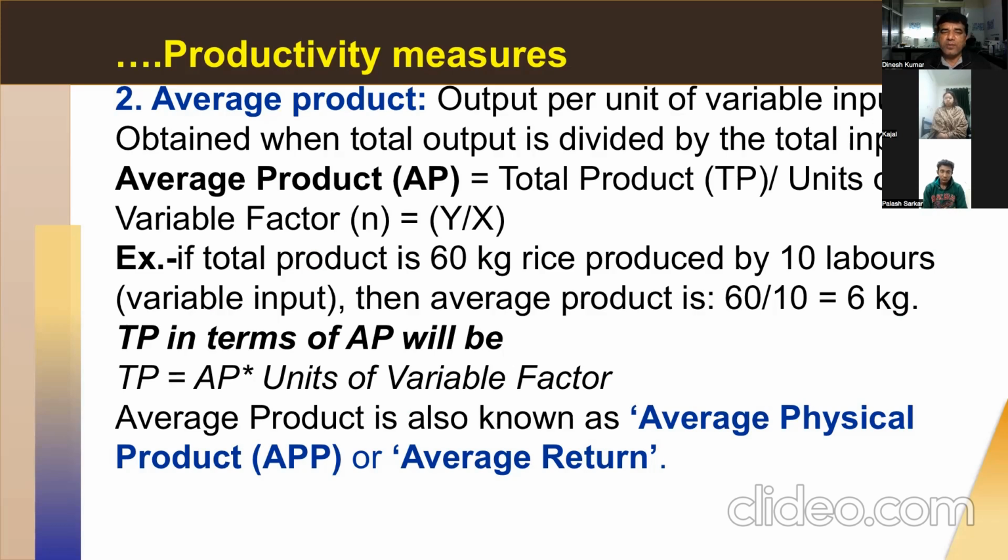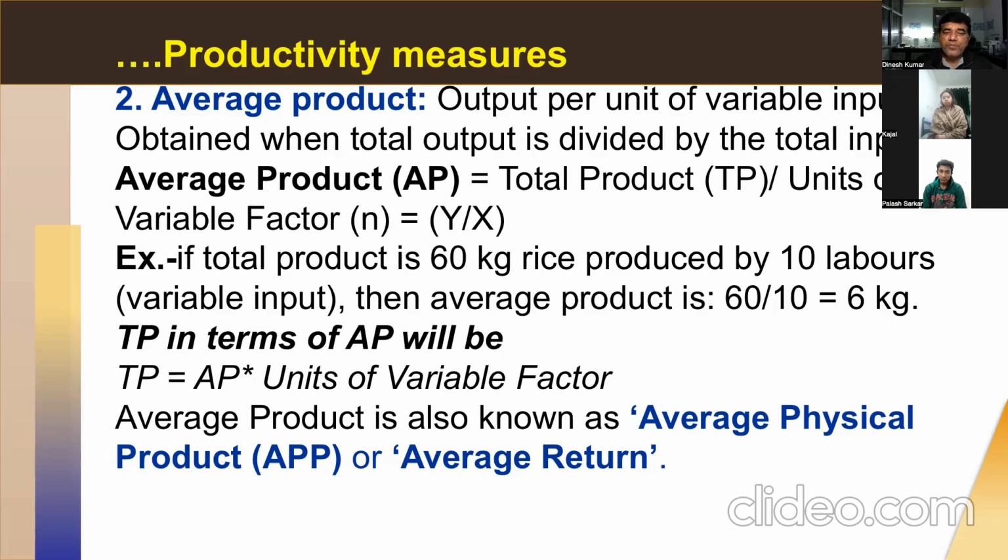For example, if total product is 60 kg rice produced by 10 laborers, that is the variable input, the average product is 60 by 10, 6 kg per labor. Here other factors are considered as constant. This is not whole economics, this is very partial economics.